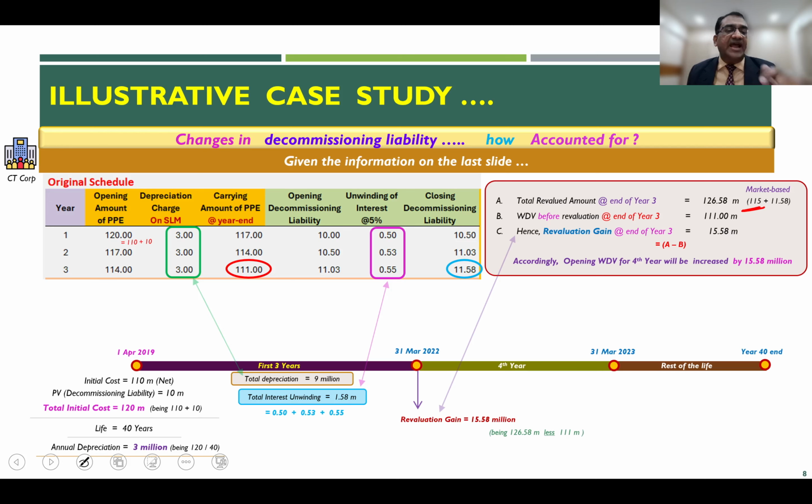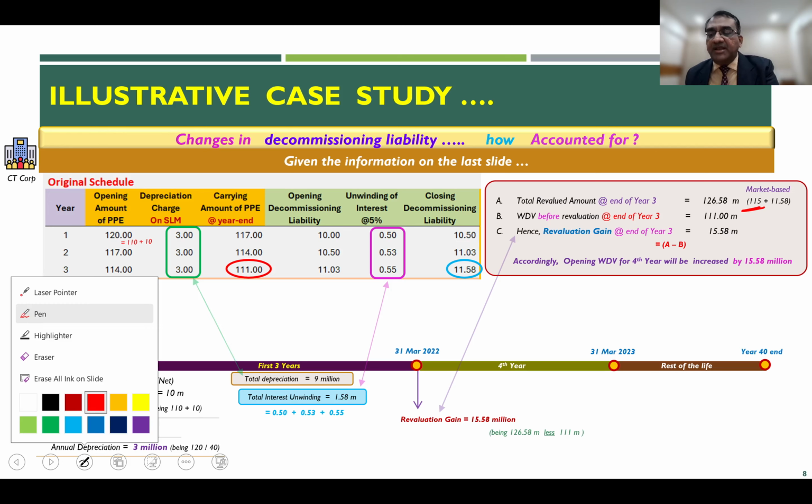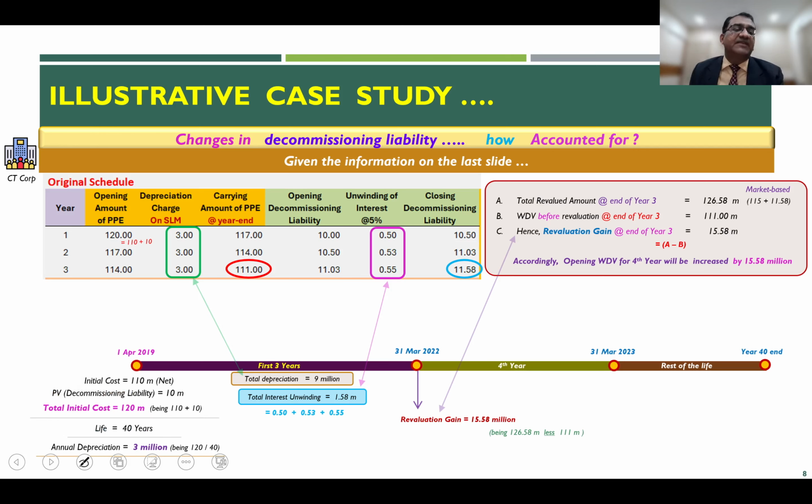So at the end of year number 3, your total revalued amount is 115 plus 11.58, but WDV is only 111 million. And therefore, you have a revaluation gain of 15.58 million, which is the difference between these two numbers. Accordingly, your opening WDV for the 4th year.